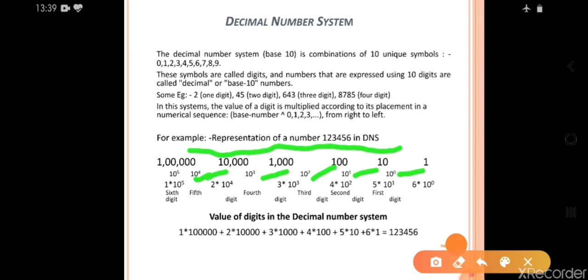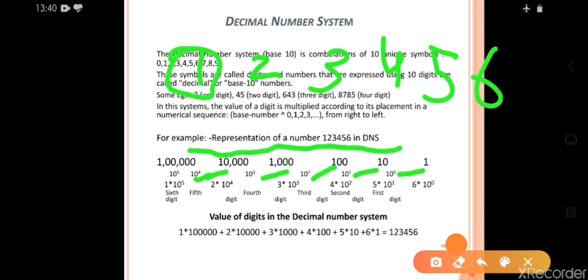Now see the number 1, 2, 3, 4, 5, 6. If I have to achieve this number, then simply by its position we will multiply it. The 6th digit, that means 1, I have multiplied with 10 to the power 5, so 1 into 10 to the power 5.